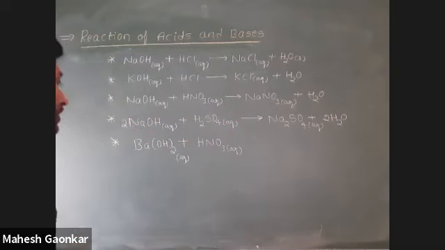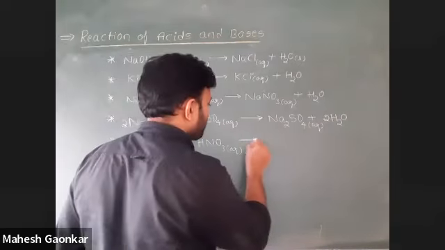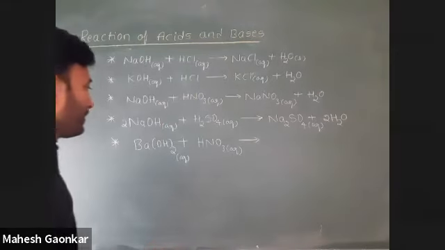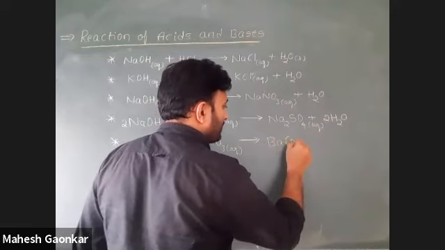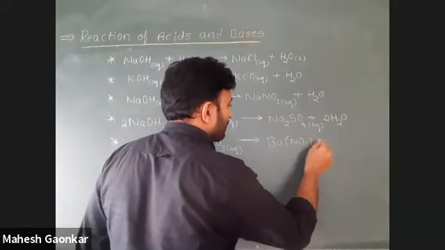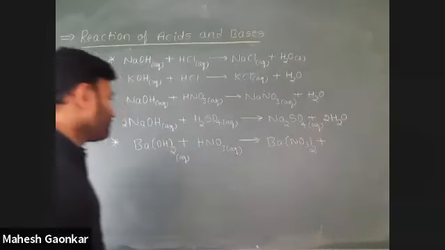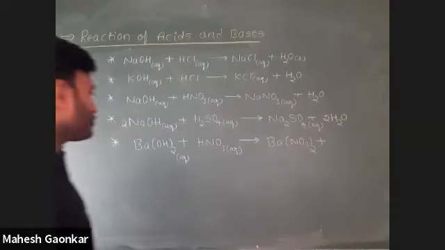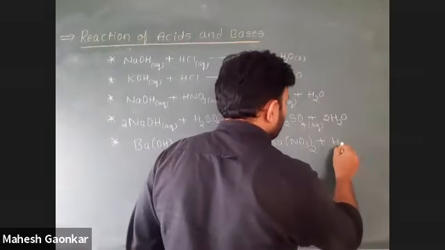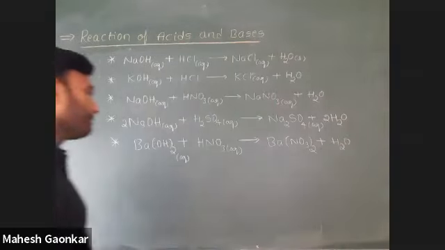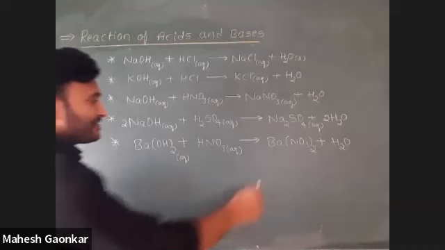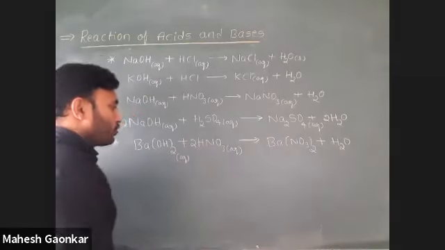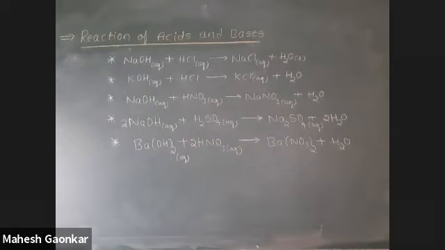Barium hydroxide plus HNO3 gives barium nitrate. Since barium is 2, it will be NO3 twice, so it is 2 HNO3.